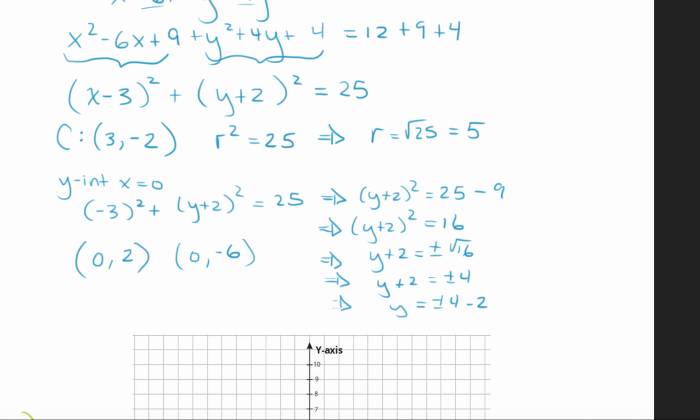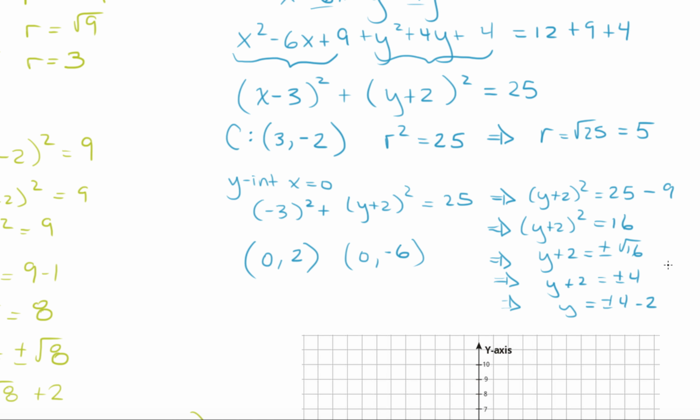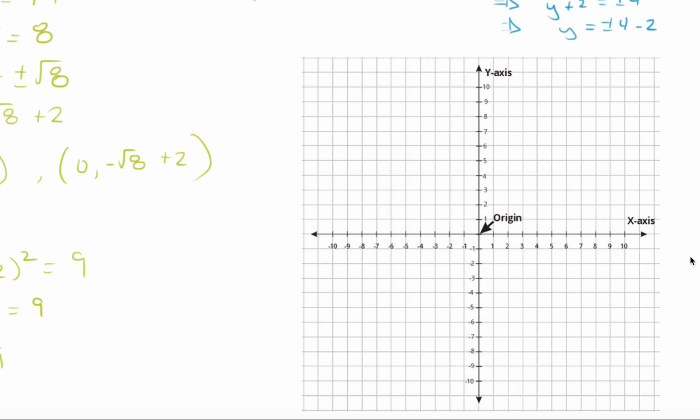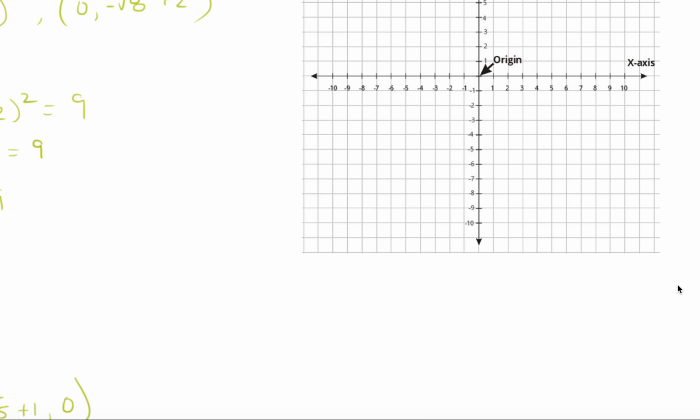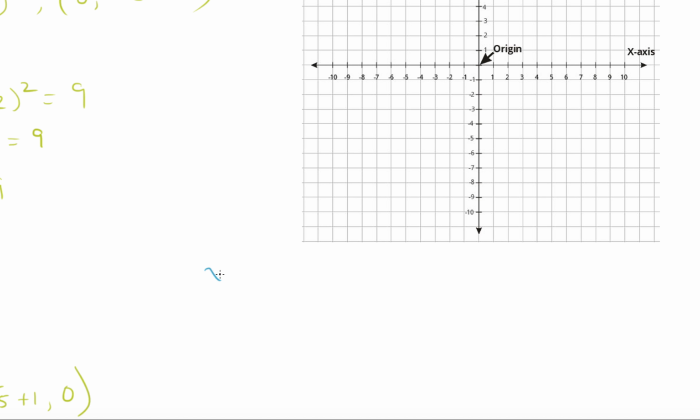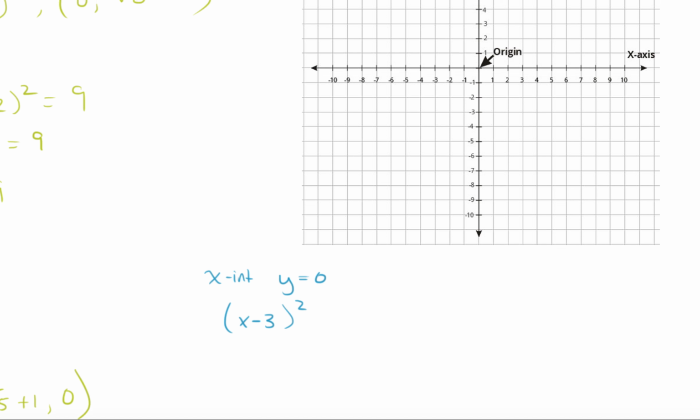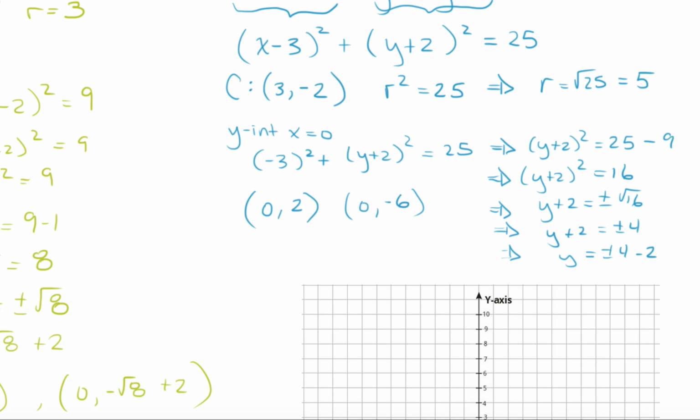Now, I don't want to draw on top of the graph, so I'm going to find the x-intercepts over here. So the x-intercepts are when y equals 0. So here you have x minus 3 squared. Is it minus 3? Let's see. Yeah.